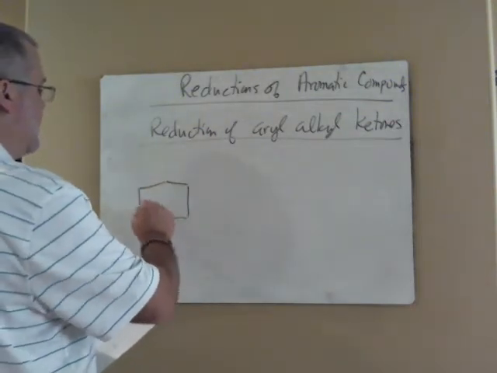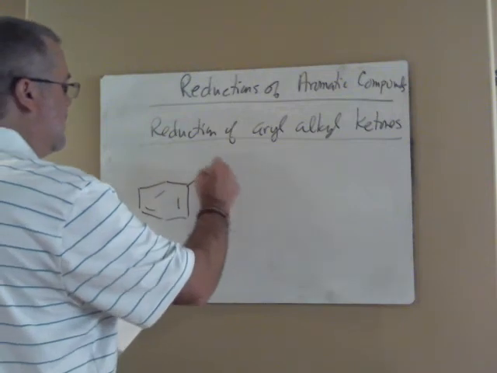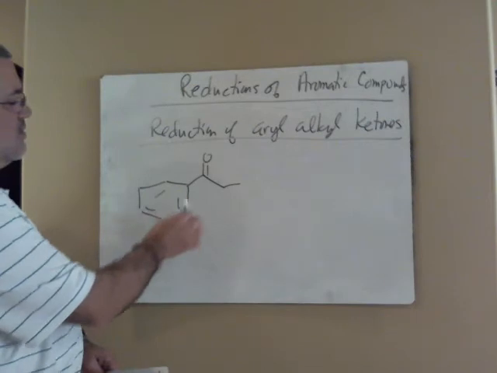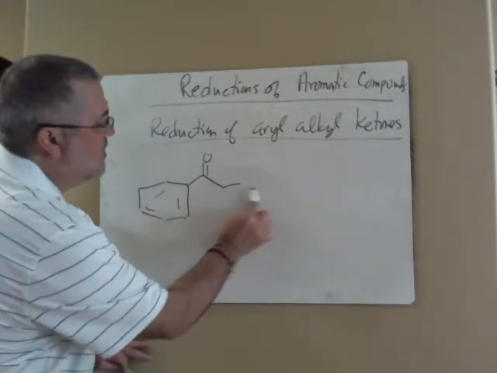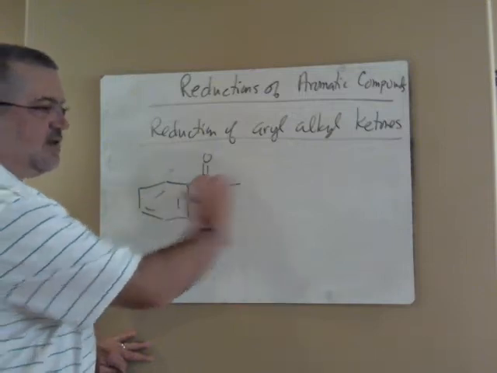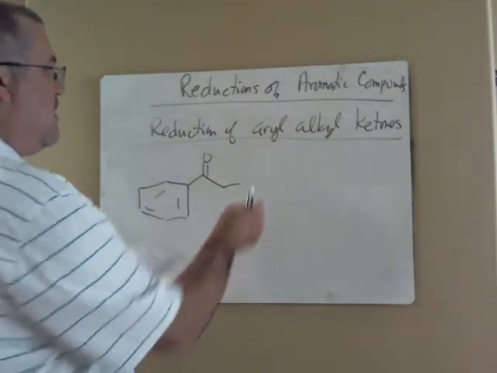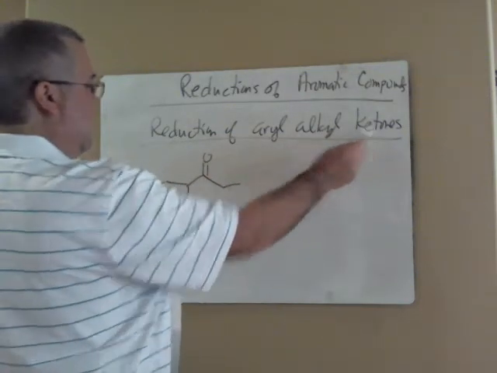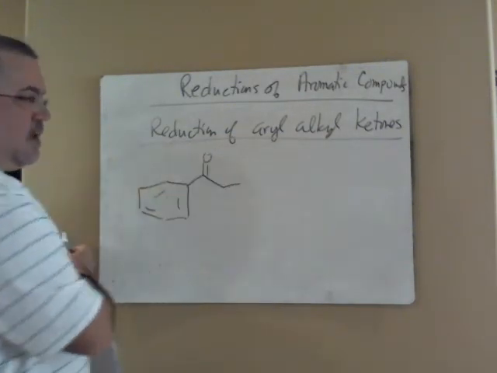But watch this reaction. Aromatic ring. And we have an aryl alkyl ketone, which means my ketone has a benzene ring and then some R group on it. Okay, aryl is this part, alkyl is this part, ketone is this part, right?